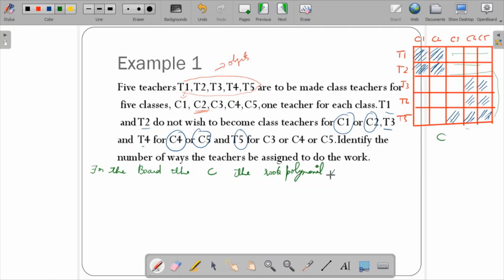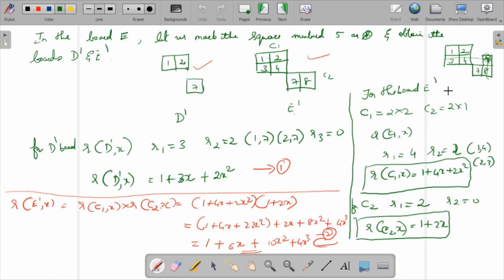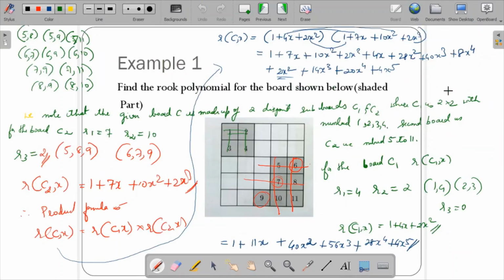I have already solved this root polynomial in example 1, with the same concept, 1 2 3 4 5 6 7 8 9 10 11. Already I have calculated using the product rule, so I'll not solve this problem again. You can refer to it; you have to write all these steps and solve until you get this particular equation.